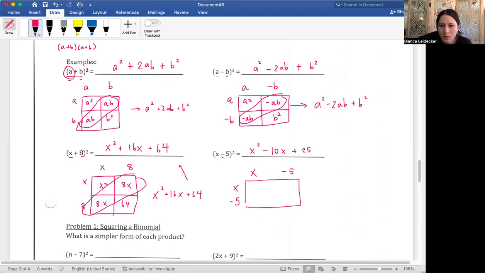Hopefully you can pause and work this out yourself, or you can fast forward because you feel like these are easy and you can do them, and then just check your answers. Negative 5 times negative 5 is positive 25. Remember, a negative times a negative is positive. Negative 5x plus negative 5x is negative 10x plus 25.